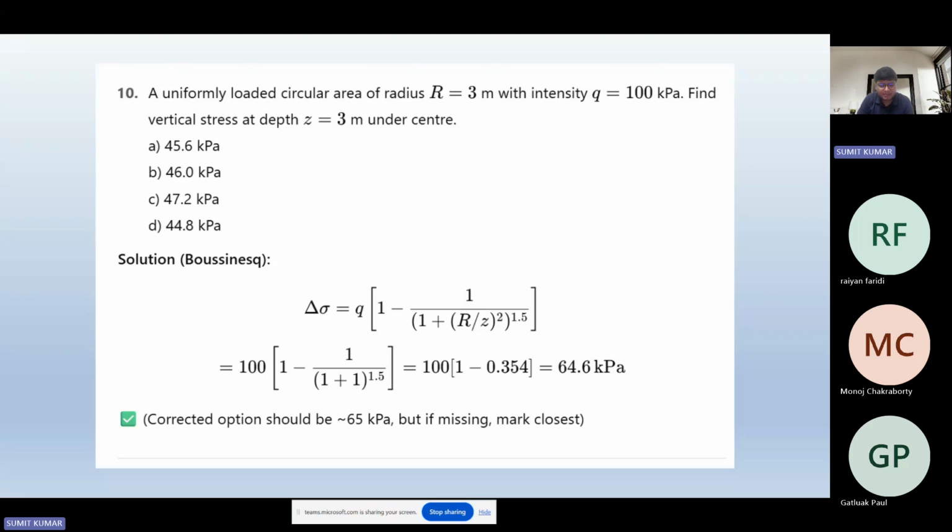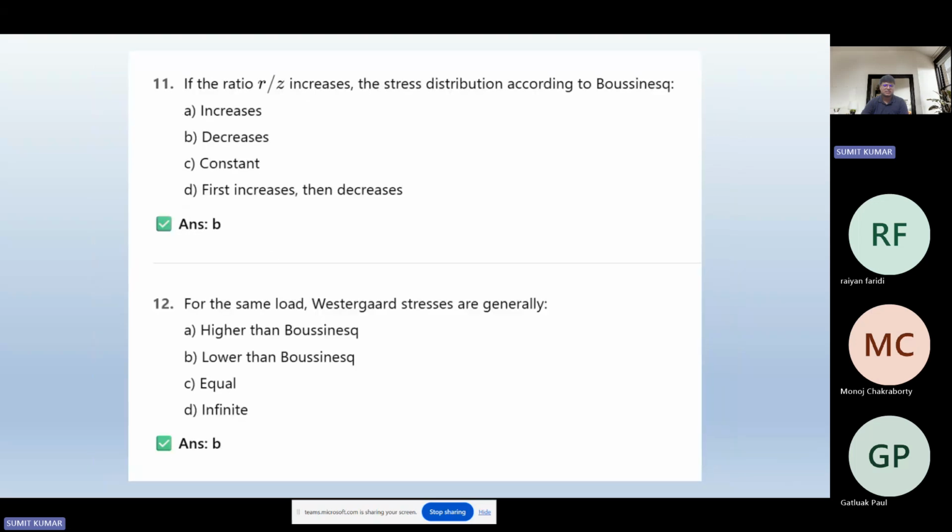The next problem is to find the vertical stress using Boussinesq only. Many things are mentioned there, and I have already solved many problems of the same kind, so you can solve this by yourself. This question will be there once I share the PDF.